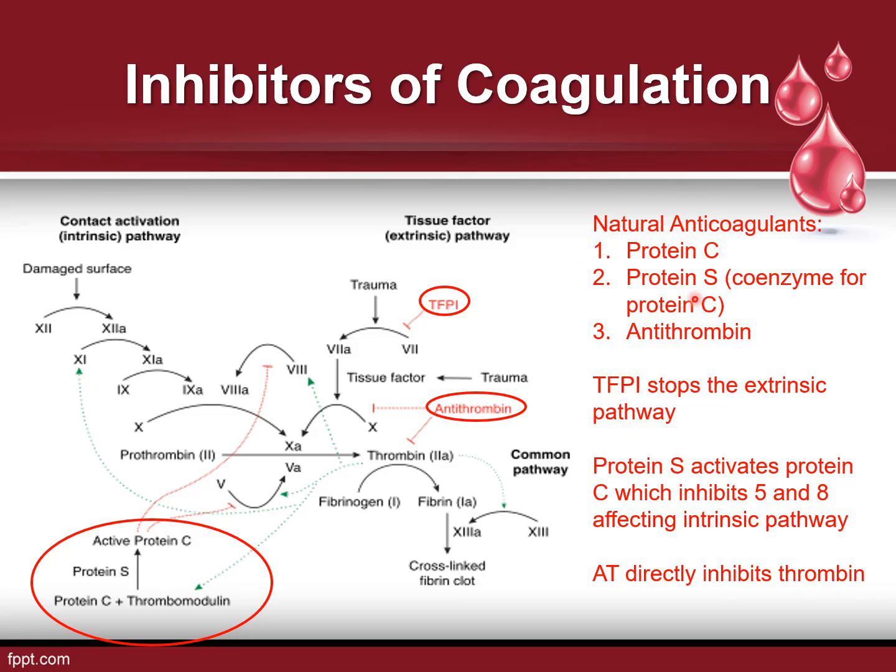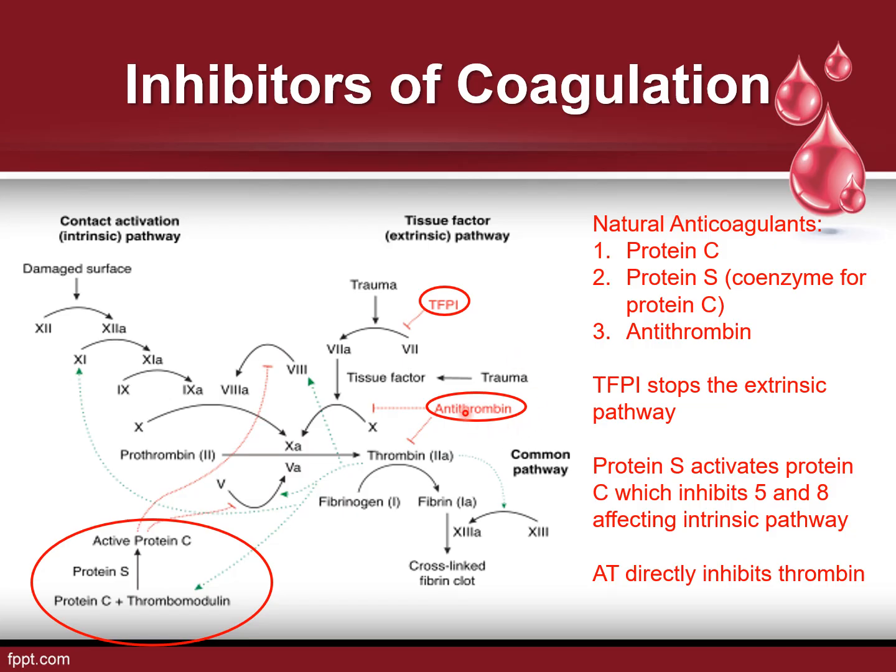where the abnormality occurs. As natural anticoagulants, we have protein C, protein S as coenzyme for protein C, and protein C plus thrombomodulin. It usually inhibits factor 5 and factor 8, and in this way affects the intrinsic pathway.